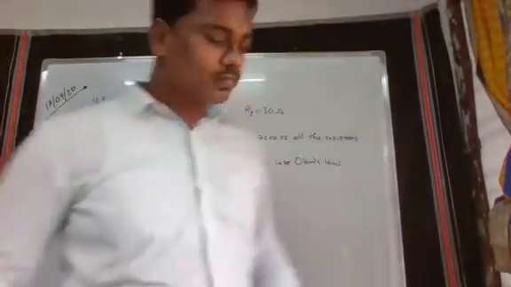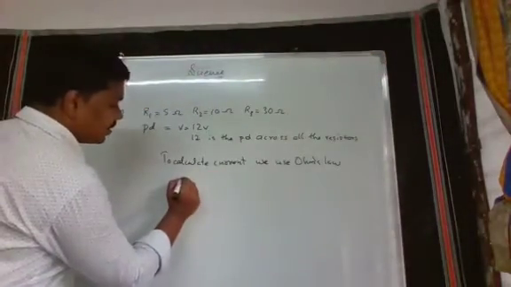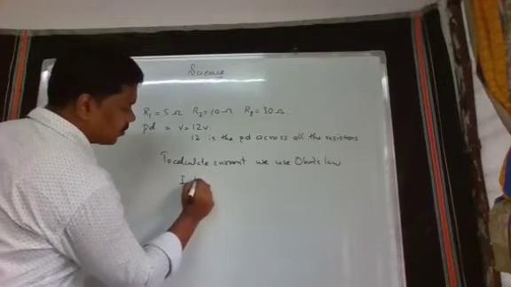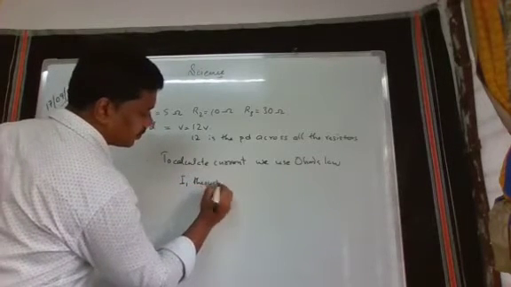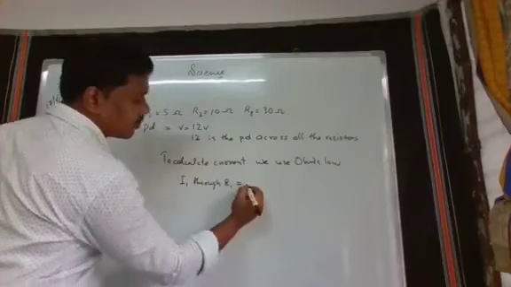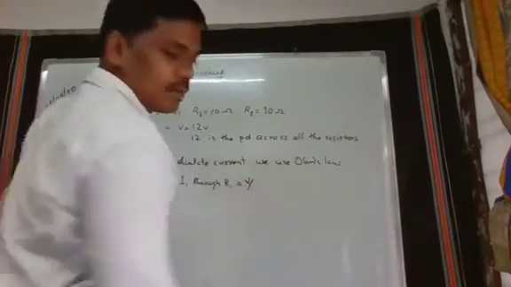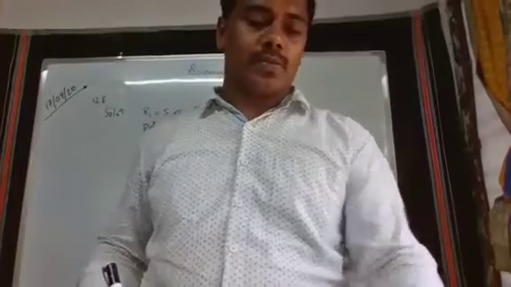So the current I1 through R1 is equal to V by R1.